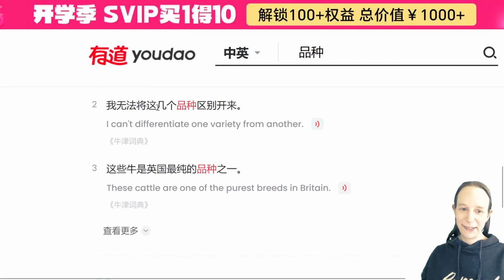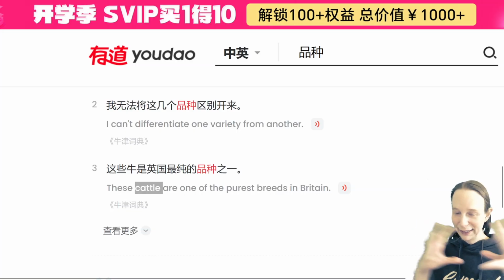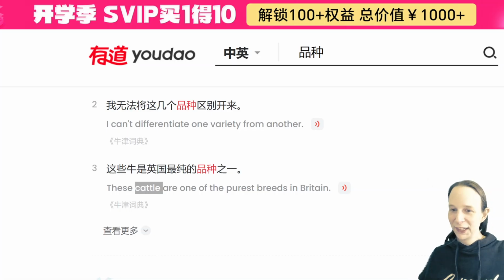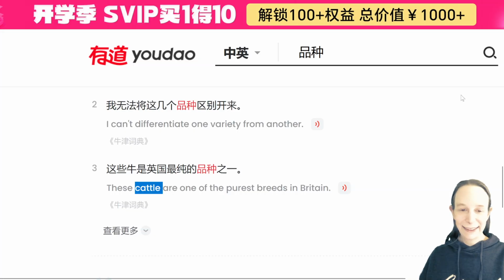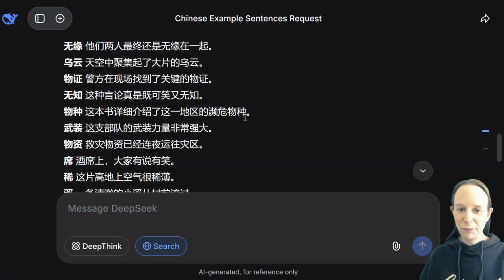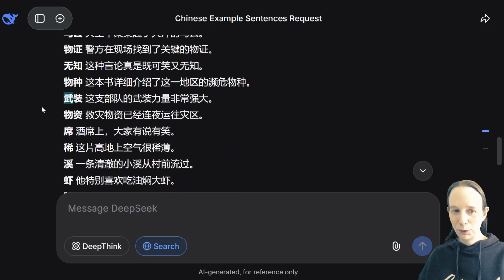Various breeds of cattle: they're all cattle or ox, but they're different breeds. Selective breeding, I guess.